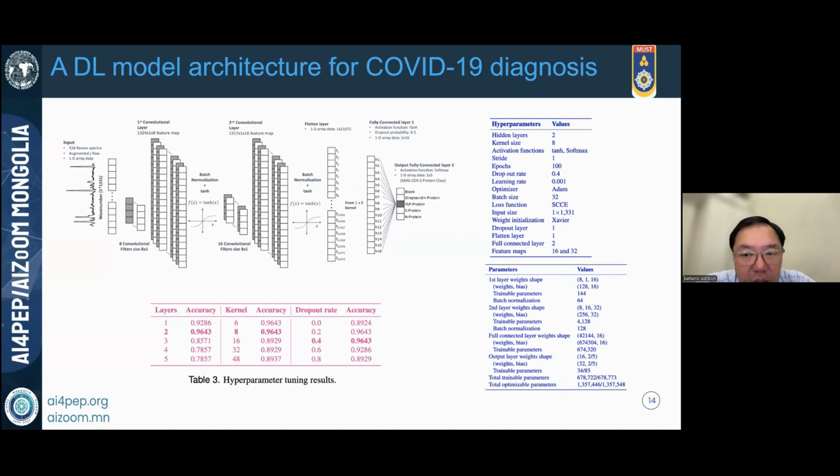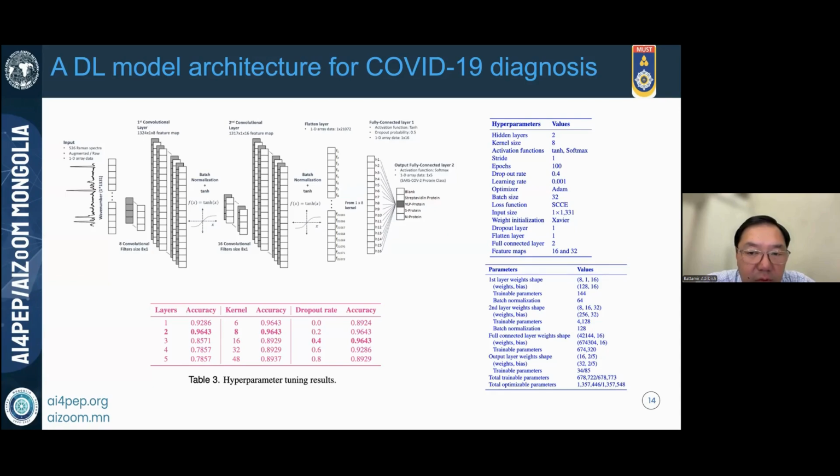Batch normalization and the tanh activation functions both helped the model learn nonlinear spectral patterns while avoiding gradient loss. These functions are applied after every convolutional layer.